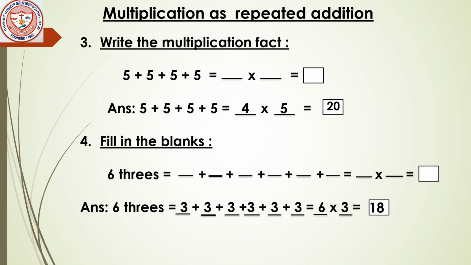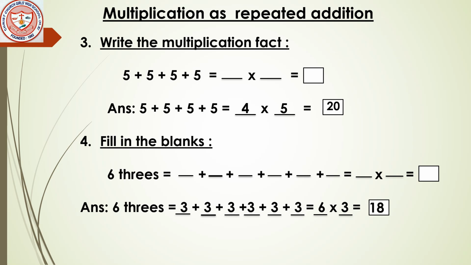Now tell me how you will do this. 6 threes means how we will write this? In addition fact. Yes, you have to write it in addition fact. And how we will write this? Look, 6 threes is equal to 3 plus 3 plus 3 plus 3 plus 3 plus 3.